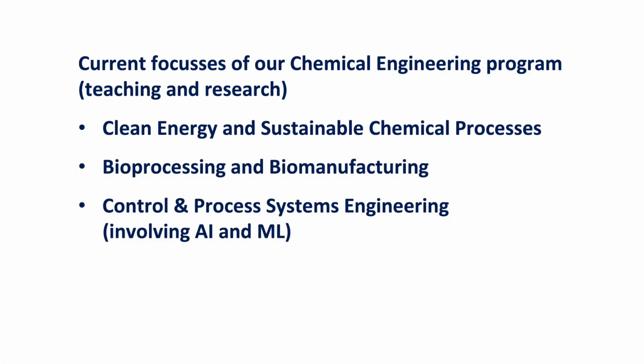And the last one is what I was talking about, computer process control, where you use computers, modern data science, and machine learning to control processes, all toward the same goal: scaling things up safely and efficiently on the large scale.